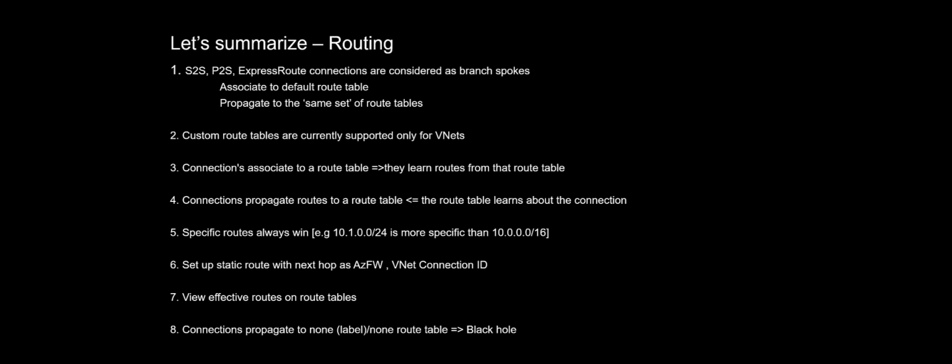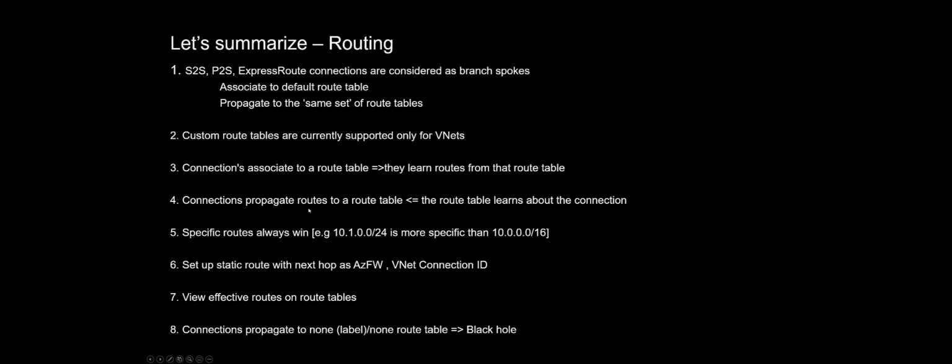So when I choose to propagate, I may choose a route table to be associated to my VNet 1 connection, but I want that route table to learn routes from my VNet 2 connection, my VNet 3 connection, my branch locations, right? So my propagation is my dynamic routing capability that I want to learn about the routes that get propagated into my route table, and then I'll associate that route table to the various connections that need to know about the routes that are in that route table.